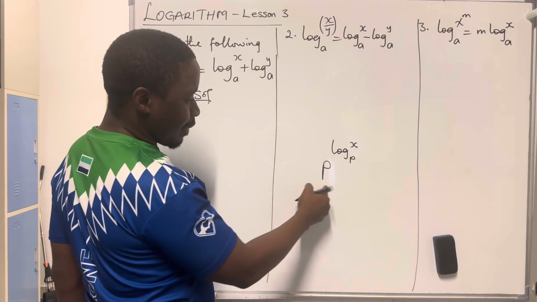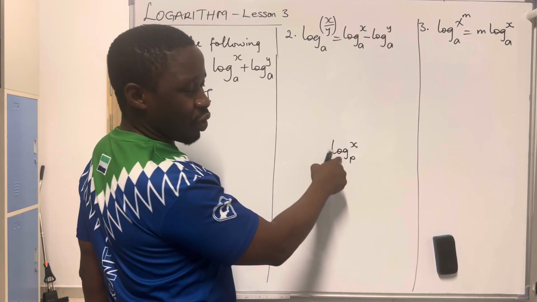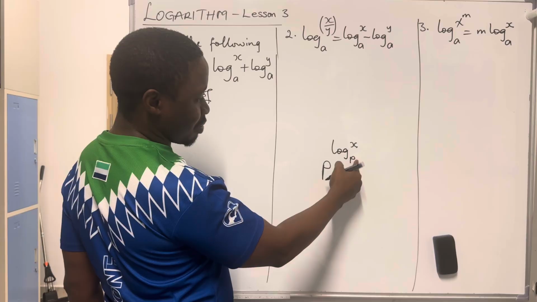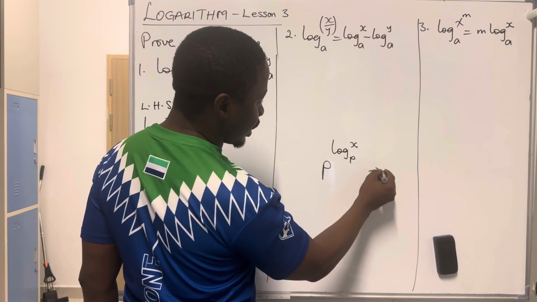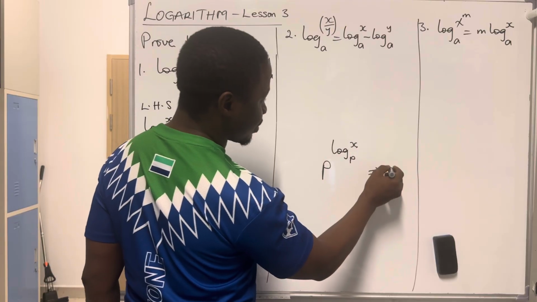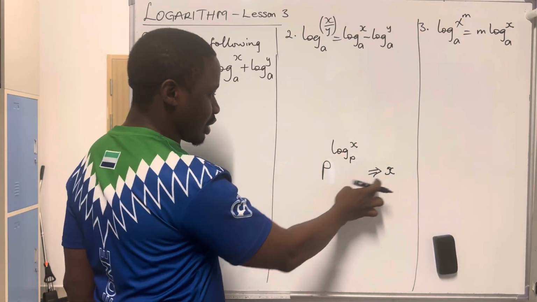A number is raised to a power, but this power is a log. It has a number, it has a base, but the base is the same as this one. So this is equal to the log number, x.